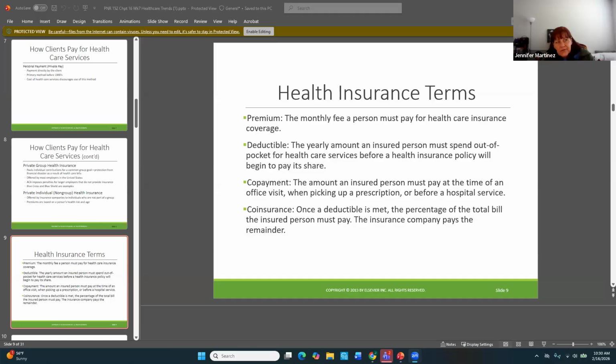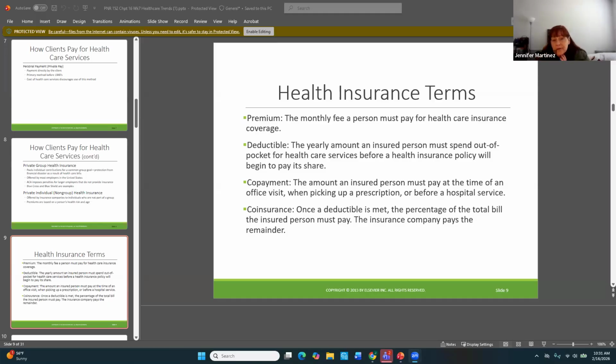All right, so look at those two numbers. Your copay, that is how much you have to pay when you go to the doctor's office, or when you have to pick up a prescription, or even hospital services. So copayment, I'm just going to throw out general numbers, okay? None of these are probably accurate anymore, but let's say it's $25 to go to the doctor.